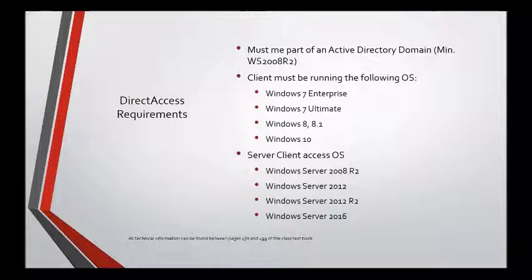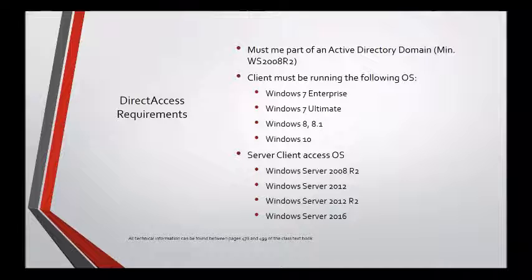Direct access has some minimal operating system requirements. The client must be part of an Active Directory domain whose domain controller is running a minimum of Windows Server 2008 R2. The clients must be running Windows 7 Enterprise or Ultimate, Windows 8 or 8.1, and Windows 10.